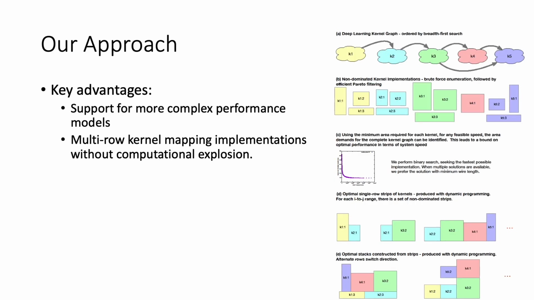To dive into our approach and how we approach this problem, like CU Poker, we first did a traversal of the graph topologically. So we find the ordering, and then we go and implement and find every possible variant for the compute kernels. We can do this through brute force, and there are many, many thousands.